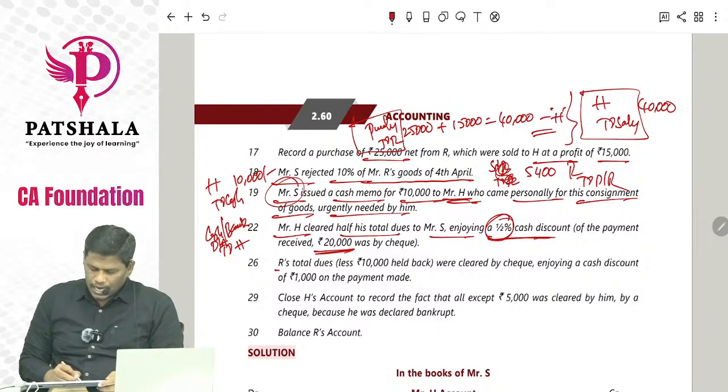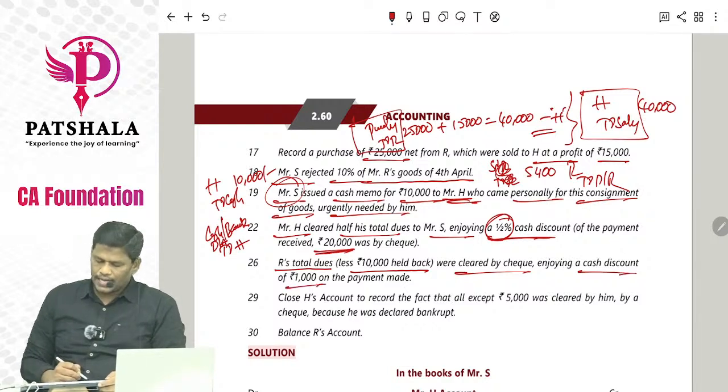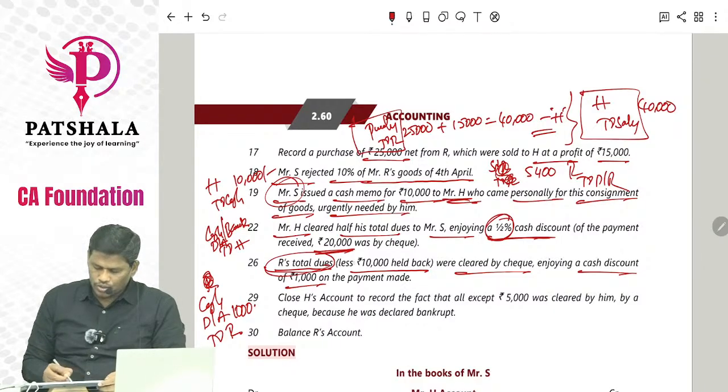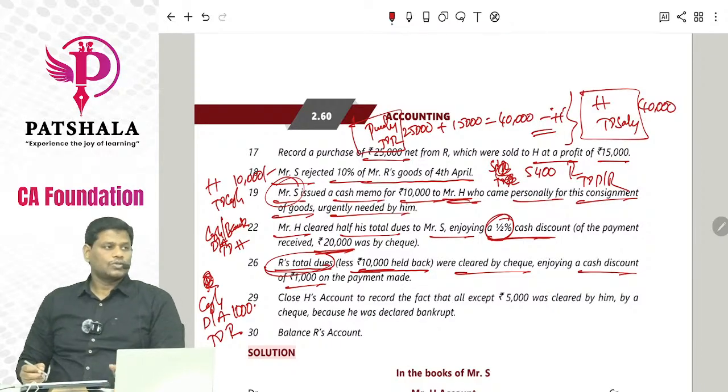R's total dues less 10,000 held back were cleared by check. Cash discount was 1,000 on the payment. So we are receiving cash, discount allowed to R. How much discount did we give? 1,000. Of R's total dues, hold back 10,000. Balance it.